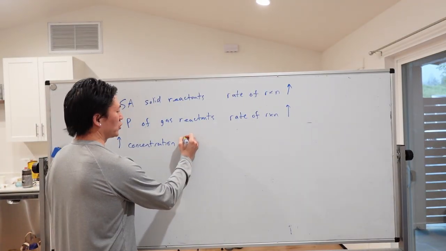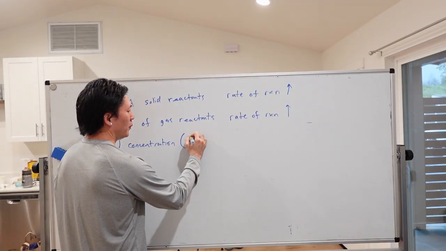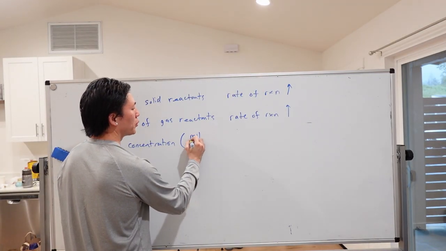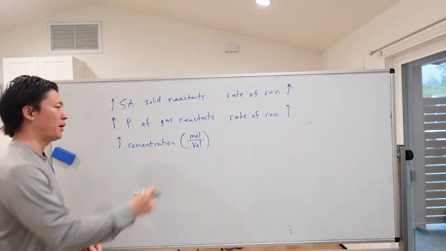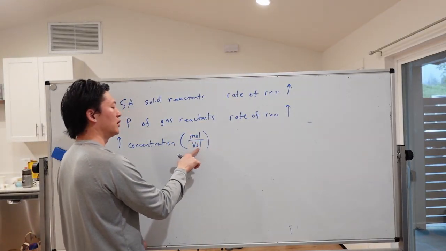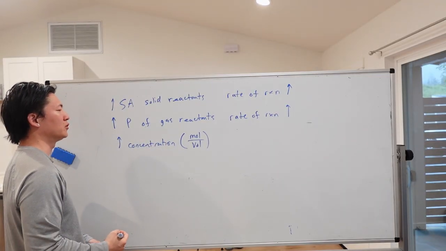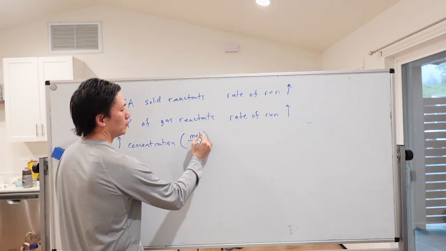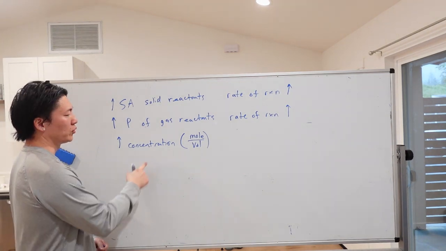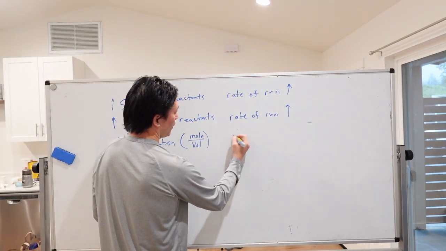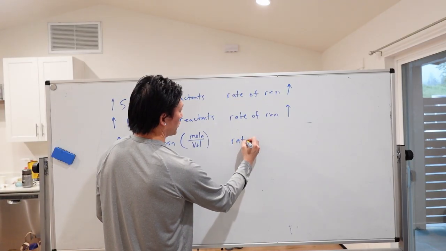So remember concentration is the moles per unit volume. That's what concentration is, the amount of stuff in terms of moles in a given volume, usually liters here. So the amount, mole over volume. If you increase the concentration, then the rate of reaction also increases.